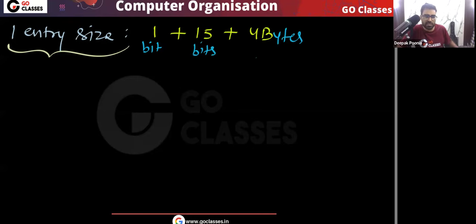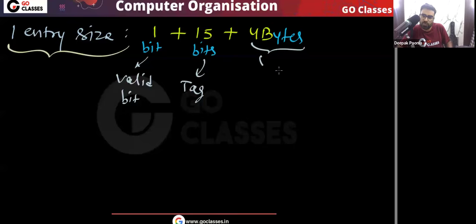So I can say one entry's total size is 1 bit for valid, plus 15 bits for tag, plus 4 bytes. Remember, this is bits, this is also bits, and this is 4 bytes. Is this clear? This 1 bit is for the valid bit, these 15 bits are for the tag stored, and this is for the block, or I can say the actual data.